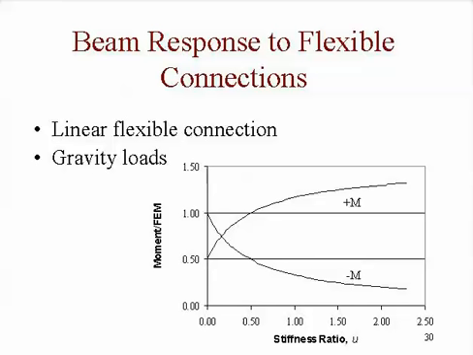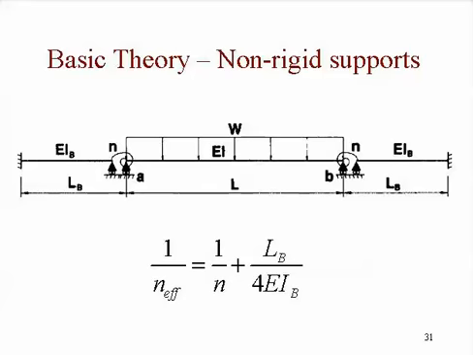Now let's say we take that connection and we put it between our uniformly loaded beam and another beam at each end. And it could be a beam, it could be a column, it could be any kind of structure that we connect it to. But if we connect to another structure, the effective spring stiffness can be determined.